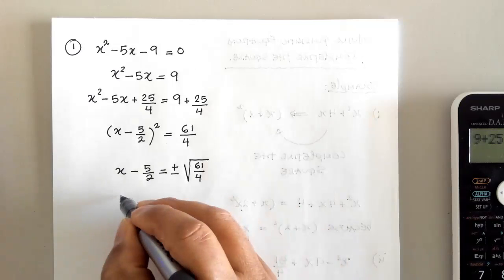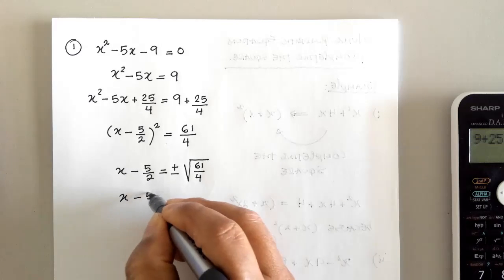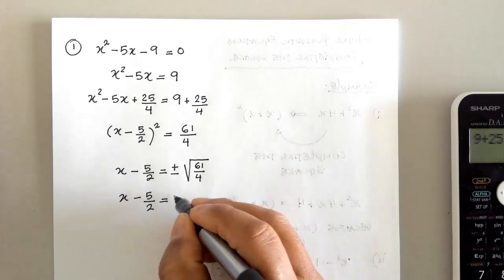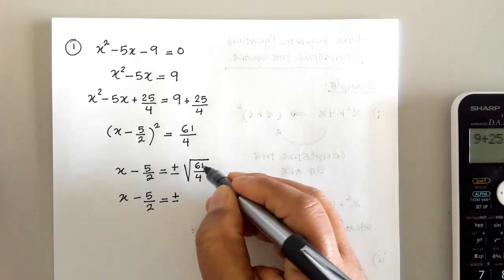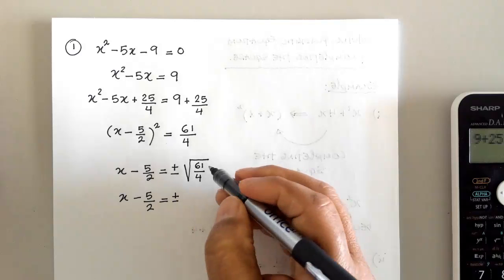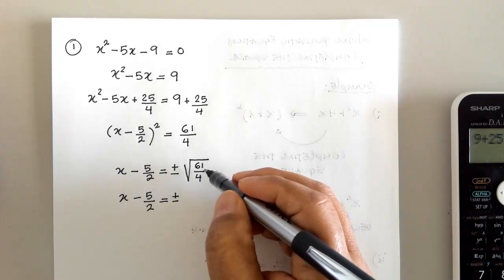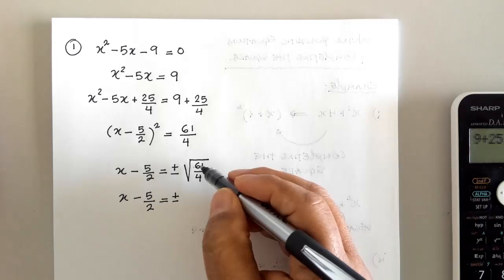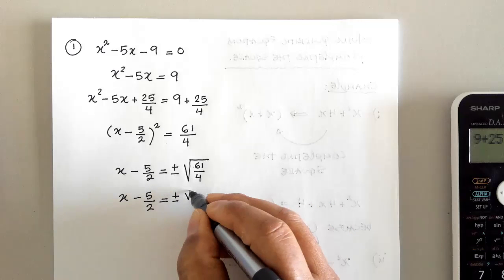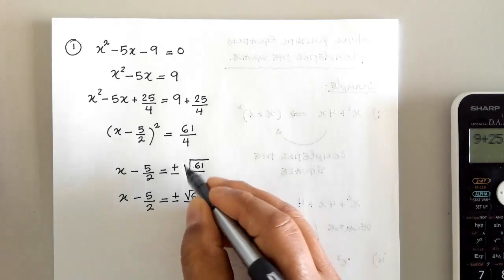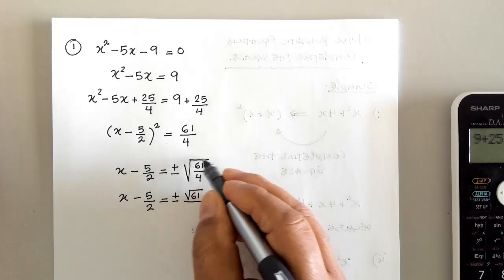And then we keep going down, and in here we're going to put plus or minus, and then here we're going to find the answer for this. The square root of 61 is not a perfect square, so we cannot simplify that; we're just going to leave it like this. However, we know that we can find the square root of 4.